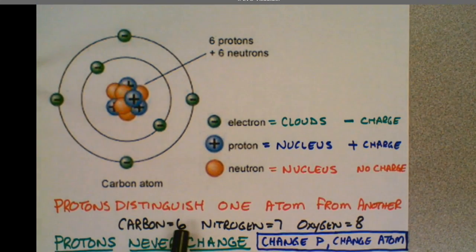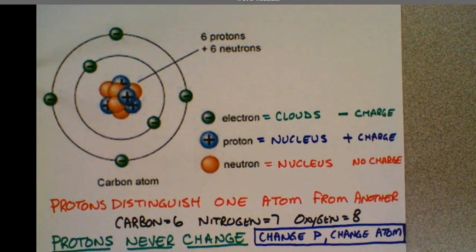So carbon has 6 protons, nitrogen has 7 protons, oxygen has 8 protons. These will never change. All carbon has 6 protons. All nitrogen atoms have 7 protons. All oxygen atoms have 8 protons.